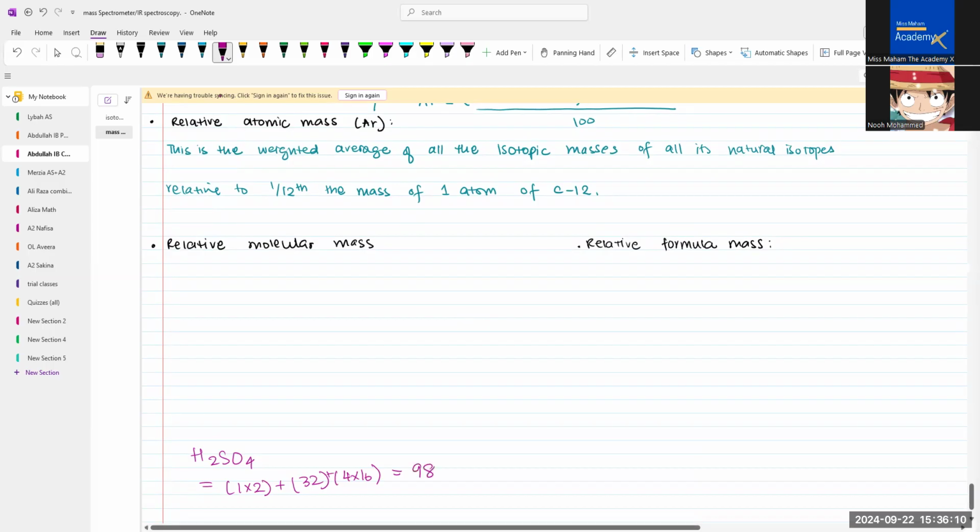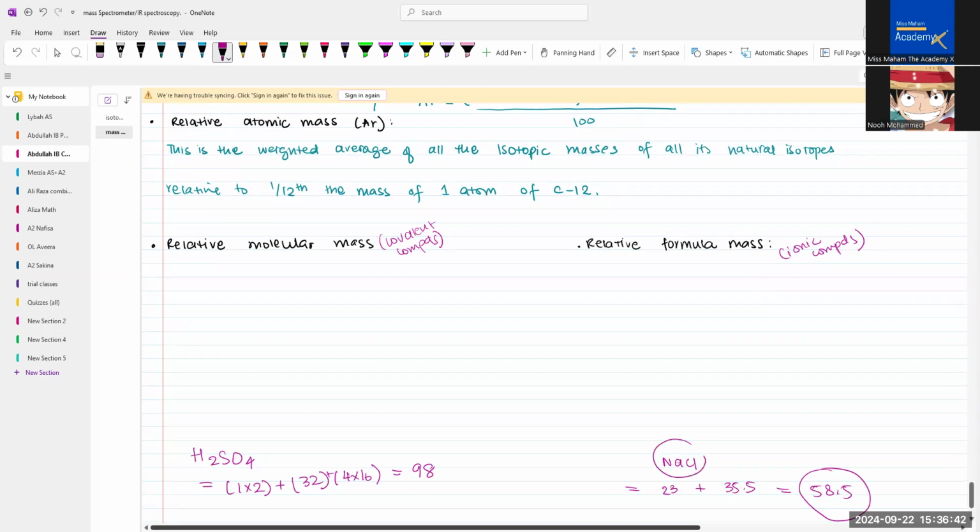Relative formula mass is also sort of the same thing, but this is for ionic compounds, while relative molecular mass is for covalent molecules. An example of an ionic compound is NaCl. NaCl's relative formula mass is 23 for Na plus 35.5 for Cl, and the total turns out to be 58.5.